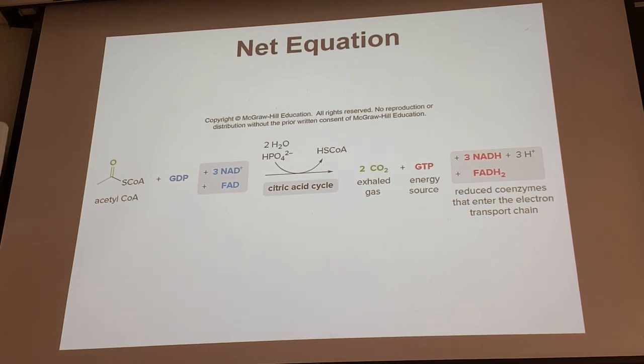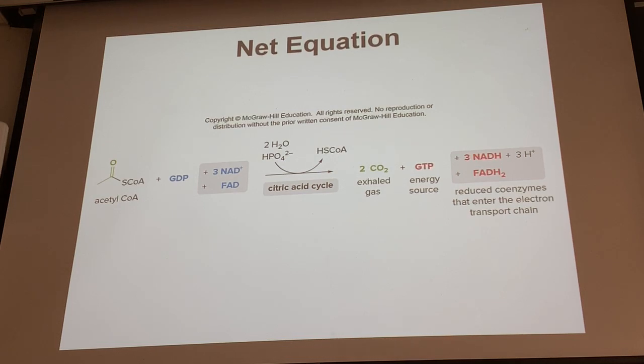We get 1 molecule of GTP, that's an energy source. And then we get 4 reduced coenzymes because of the 4 oxidation steps that we have in the pathway that can then transfer electrons via the electron transport chain.